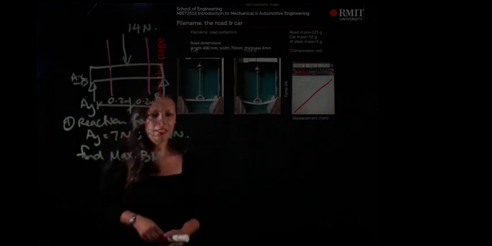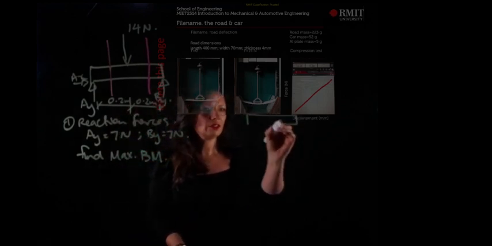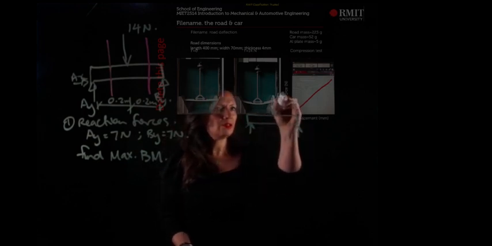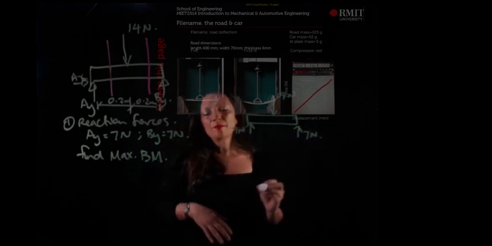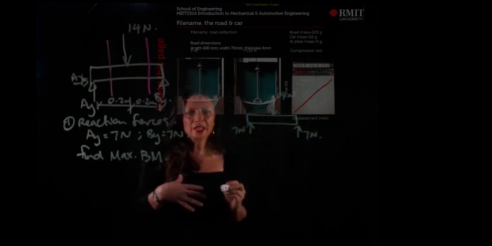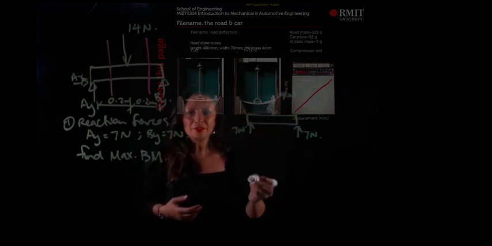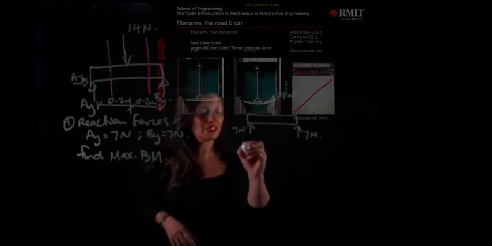And over here, I'm just going to draw the beam. So that's 14 newtons, that's 7 newtons. I don't mind if you make the road a distributed load. It just means that your diagram's actually going to be different. So you'll have a distributed load on this, but this is just very, very simple to start with.